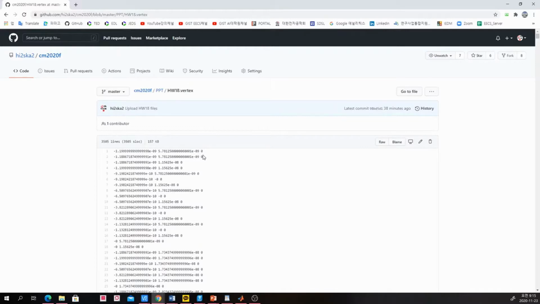Each line contains three double precision numbers, and the file name is homework18.vertex. I guess you may understand these three numbers correspond to the x coordinate, y coordinate, and z coordinate of your vertex. Here, a vertex means a certain point inside our domain.